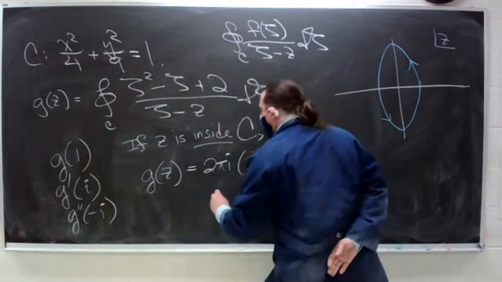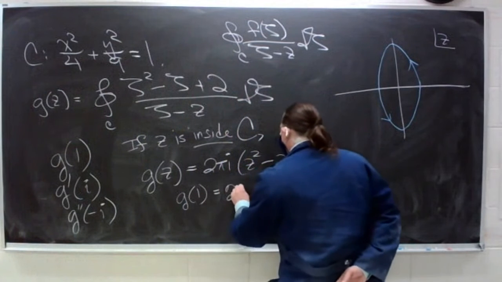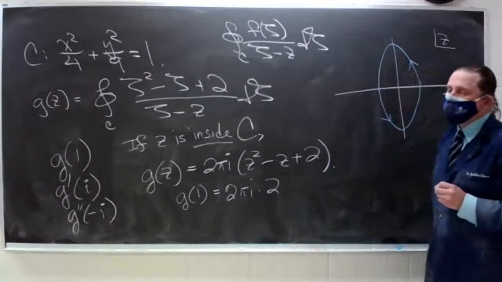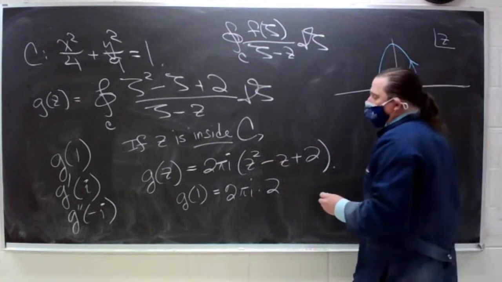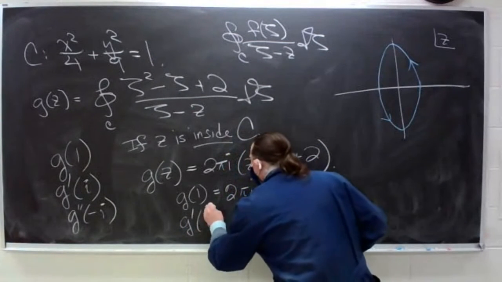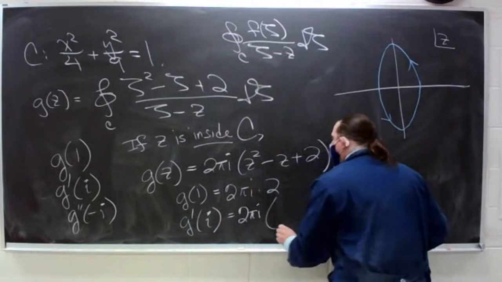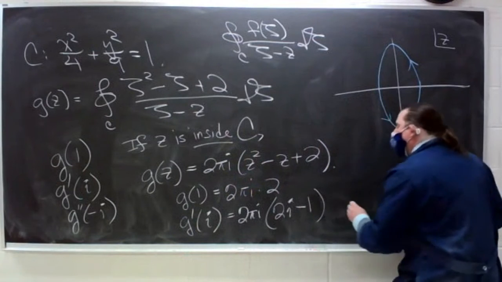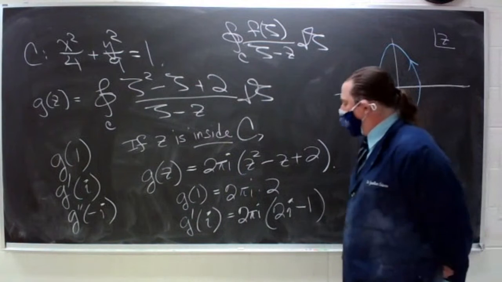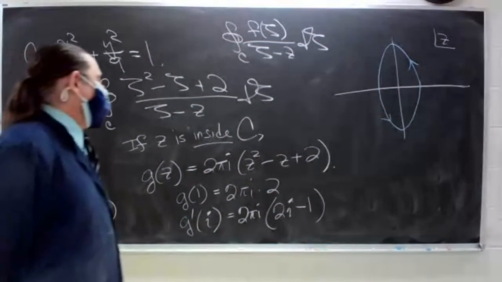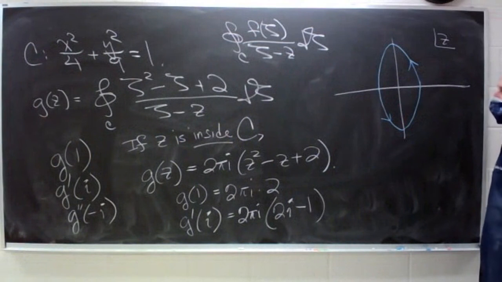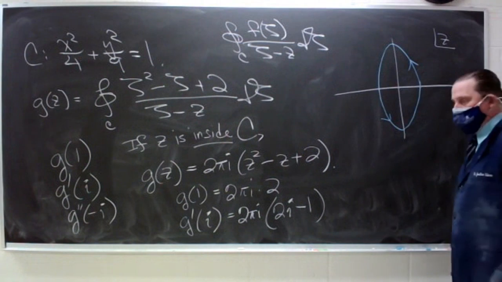So g of 1 is equal to 2 pi i times 1 squared minus 1 plus 2. g prime of i is just 2 pi i times 2i minus 1. g prime prime of negative i is g prime prime of everything inside C, and that's 4 pi i.